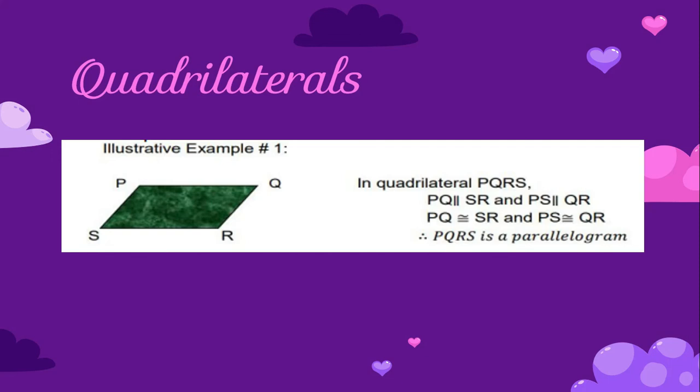Yes, but we need some more information. The length of PQ is congruent to the length of SR, and the length of PS is congruent to the length of QR. So can we conclude that this quadrilateral is a parallelogram? Yes. Therefore, PQRS is a parallelogram.